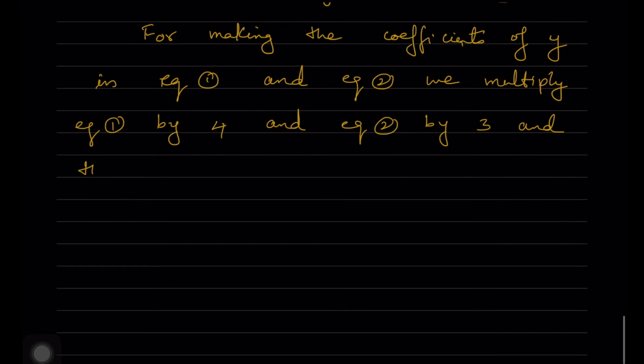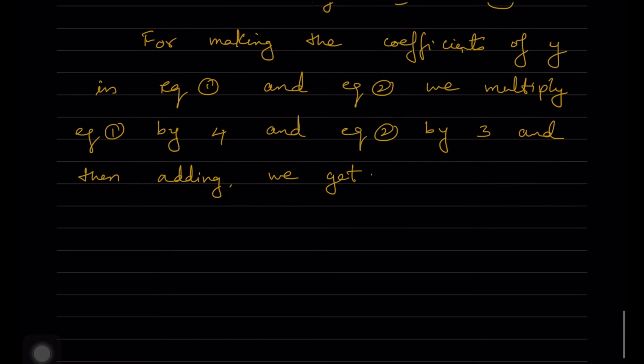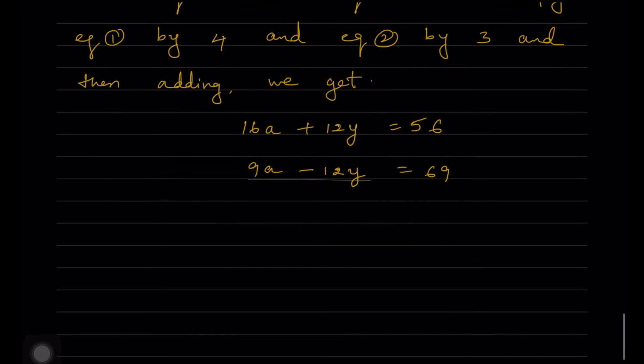So therefore you are getting 16a plus 12y is equal to 56 and 9a minus 12y is equal to 69. Now adding these two, we are getting 25a is equal to 125.